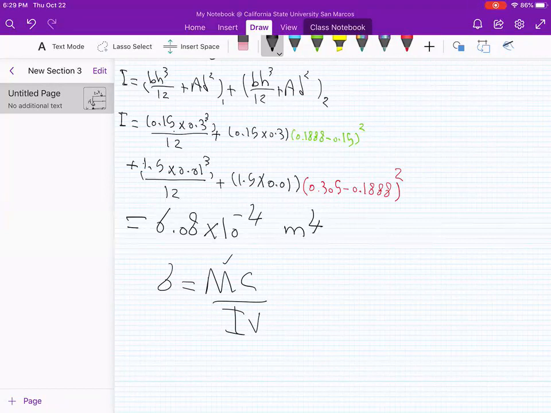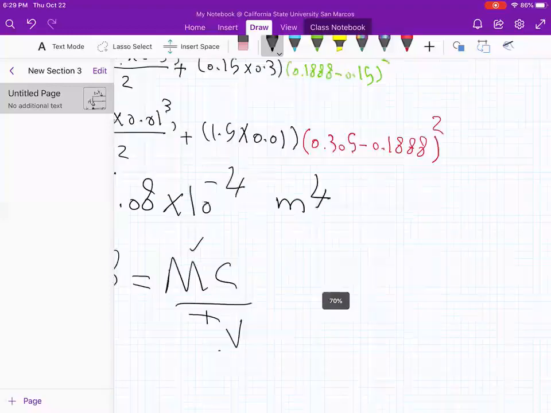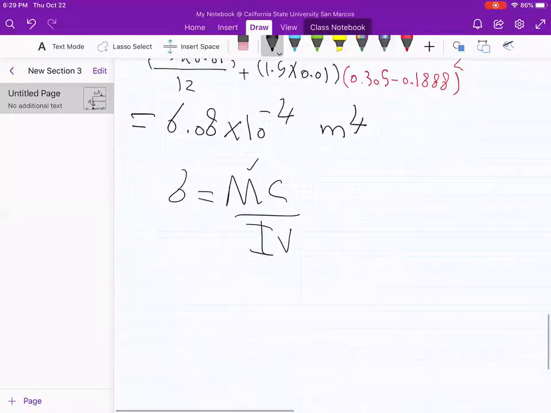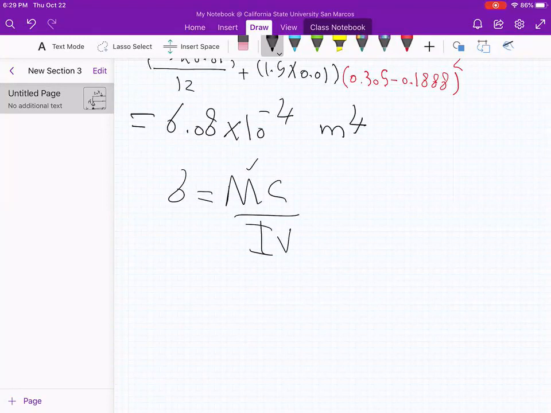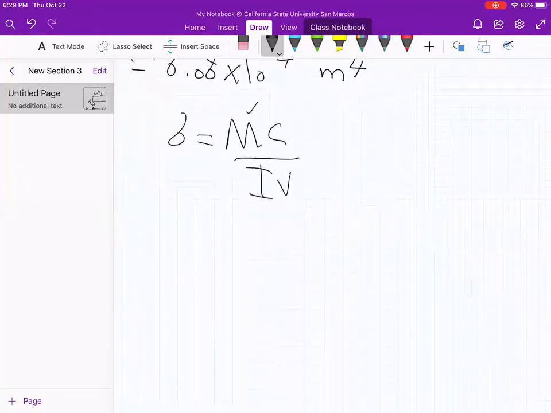Let me look at the figure again, but first let me draw the figure. We find the moment of inertia for this figure.